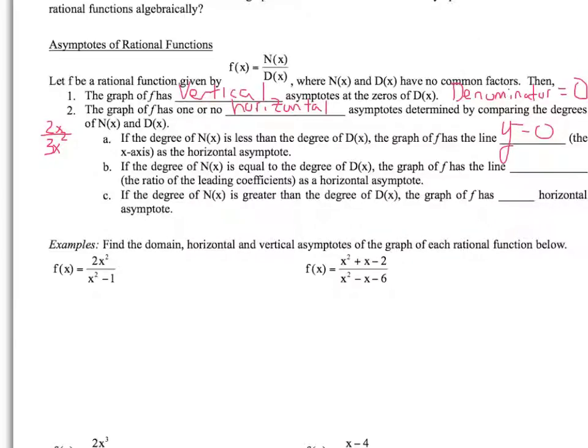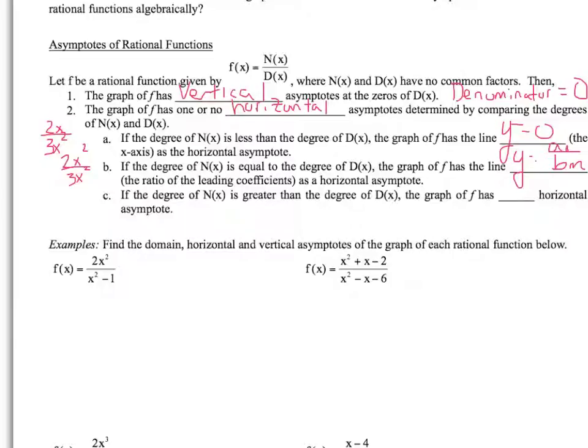as a horizontal asymptote. If the degrees are equal, such as for B, 2x squared over 3x squared. So you can see the highest powers are squared. They're equal in numerator and denominator. Then it will have the line, and I'm going to write this and then explain it. y equals a sub n divided by b sub m, which means the ratio of the leading coefficients.